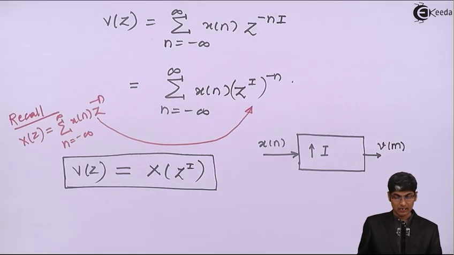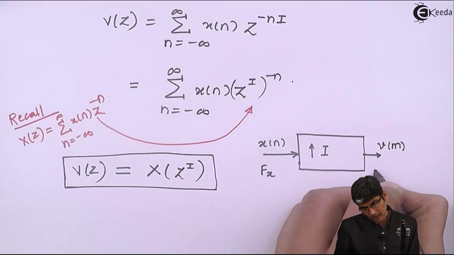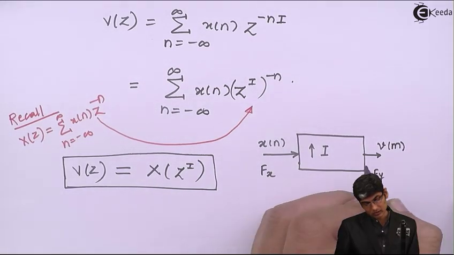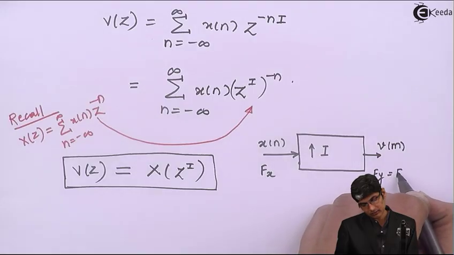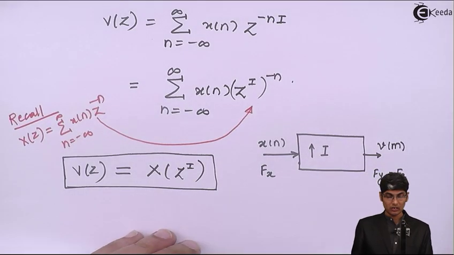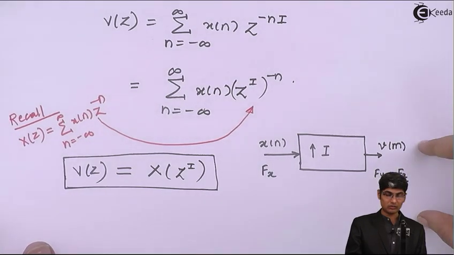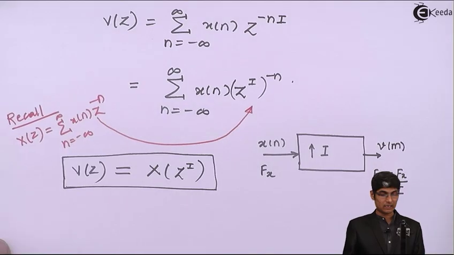And we know that this is my fx and this is my fy, which is equal to fx by I. Now we will just observe what v of z will look like.